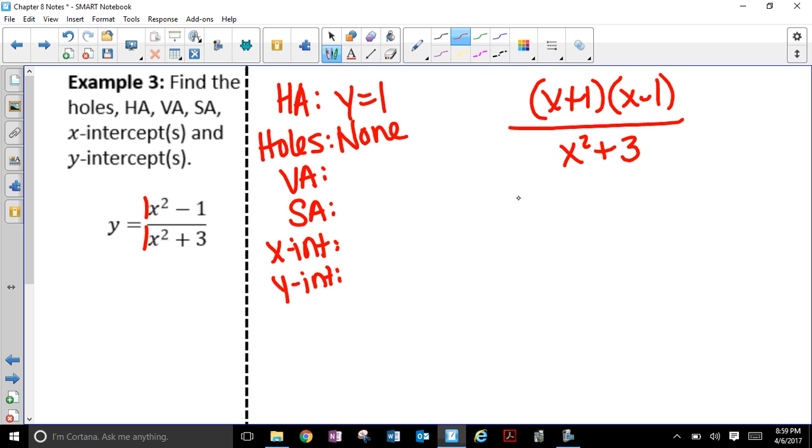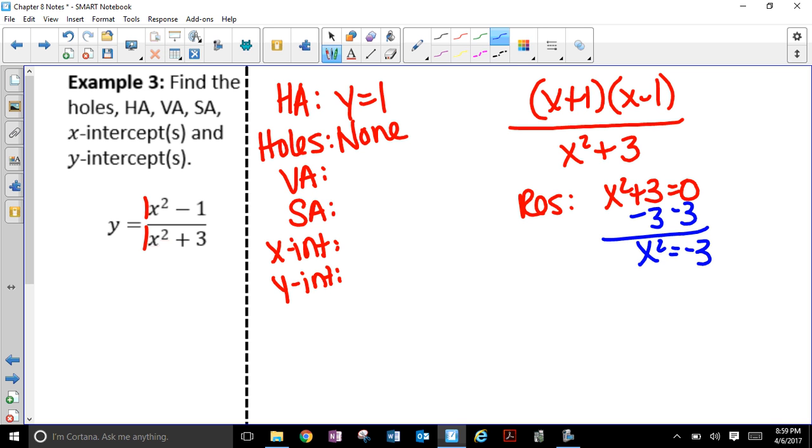And if we find the restrictions, we need to set x squared plus 3 equal to 0 to solve. So we would minus 3 and get x squared equals -3. Then we would square root the x squared, and this is not a real solution.